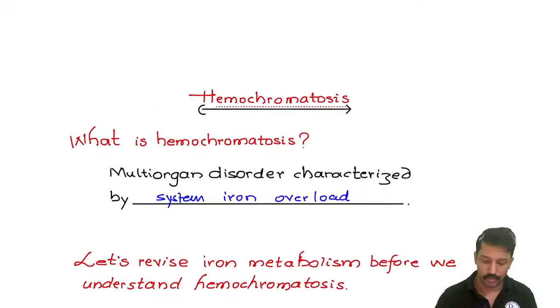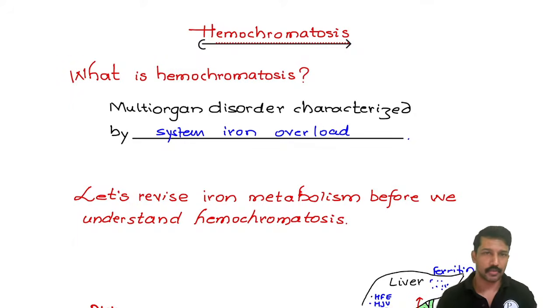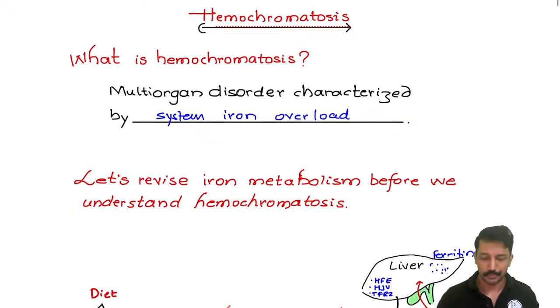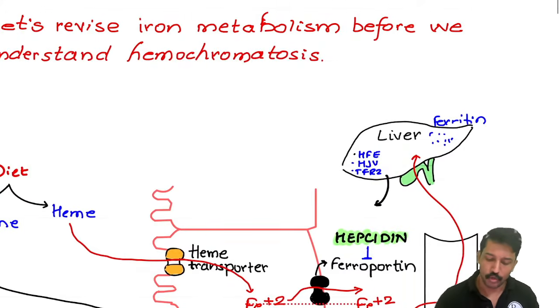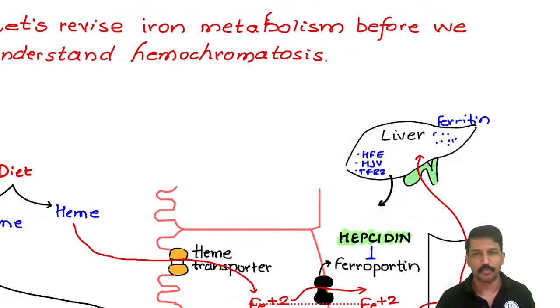Hereditary hemochromatosis, or hemochromatosis in general, means systemic iron overload which affects multiple organs. It can be either because of secondary iron overload or it could be hereditary hemochromatosis. Hereditary most commonly occurs because of mutations in HFE, hemojuvelin, transferrin receptor 2, or hepcidin.